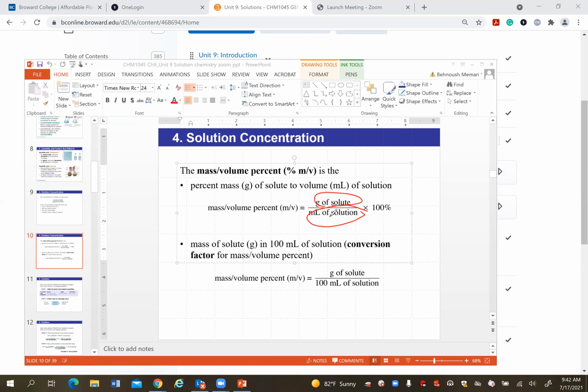So if you add 8 grams of sodium chloride into water, you dissolve it and add enough water to make 400 milliliters. Now, what would be the percent?